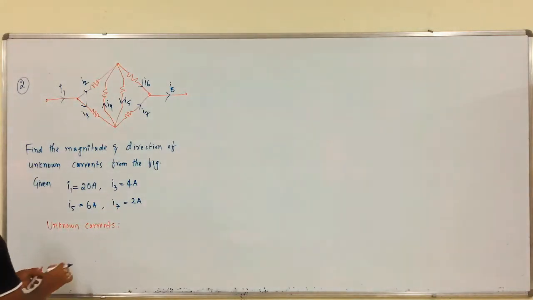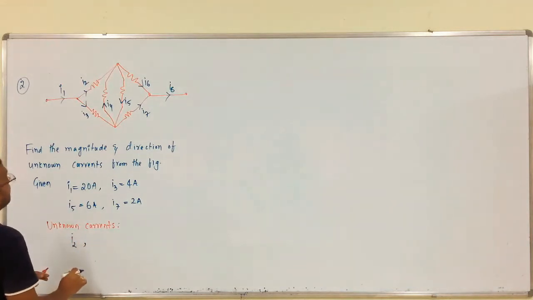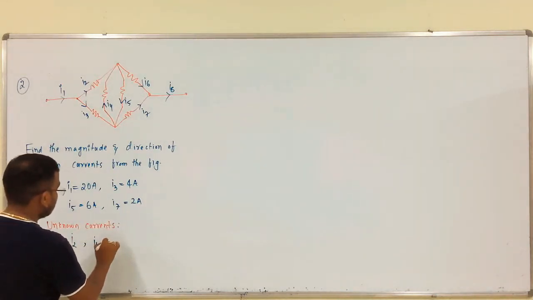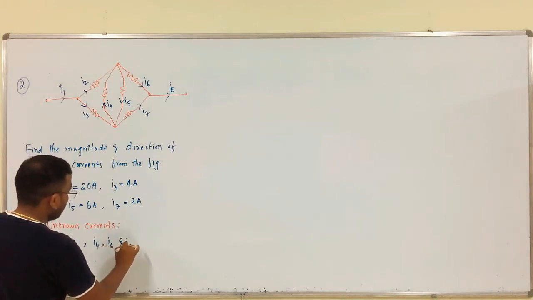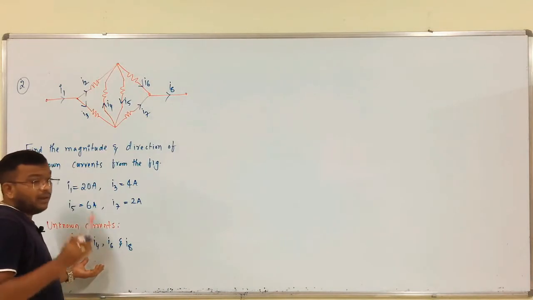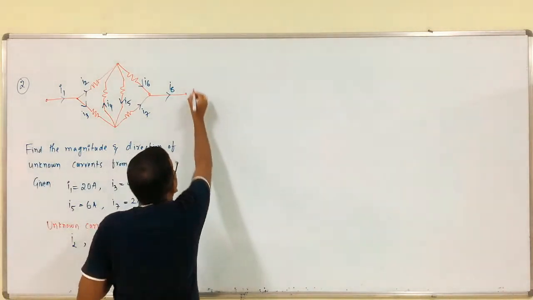I1 is given, therefore I2 is an unknown current. Next I4, I5 is given, I6 and I8. Now we have to calculate these unknown currents, their magnitude as well as their direction.